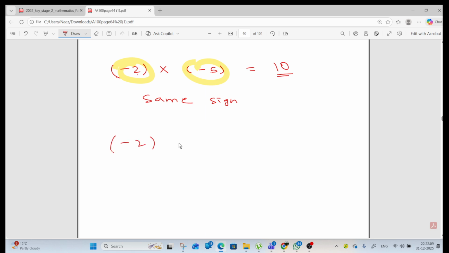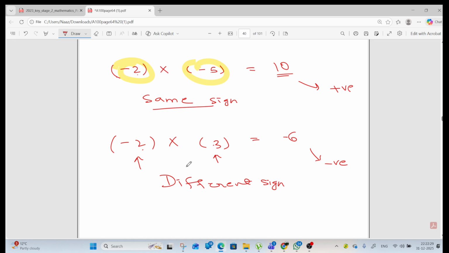But suppose I have negative 2 times positive 3. One is negative, other is positive, different sign, so my answer is going to be negative. 3 times 2 is 6, but different sign, so negative 6. Answer is positive when signs are same. That is the rule for multiplication.